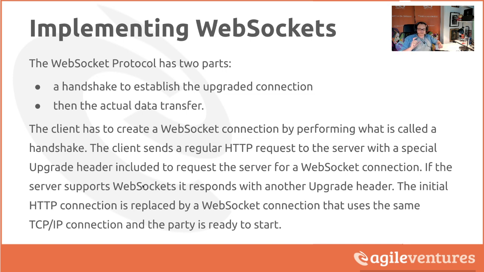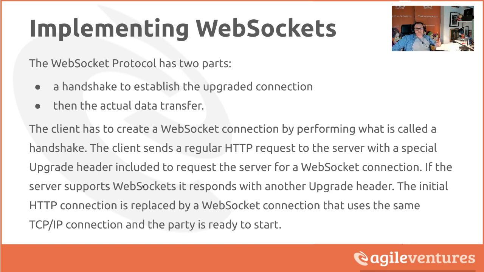And then you just let the server know that you are here to become a client and vice versa. So that is the handshake. And then, the actual data transfer is being made on a need to perform basis. So again, the client sends a regular HTTP request to the server with a specific header. That HTTP request, they always have headers, and so in that header we ask the server to upgrade our connection to WebSockets.